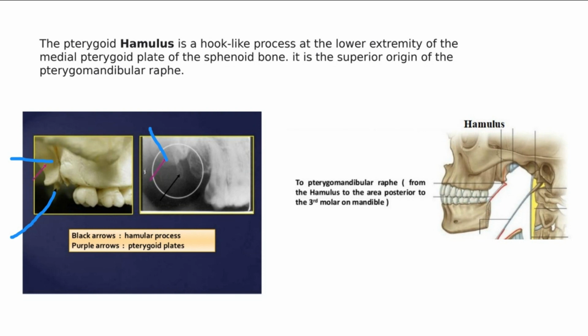Why are we mentioning that? It's because of this pterygomandibular raphe. The pterygomandibular raphe comes from the hamulus and goes all the way to the mandible, actually posterior to the third molar, to be specific.